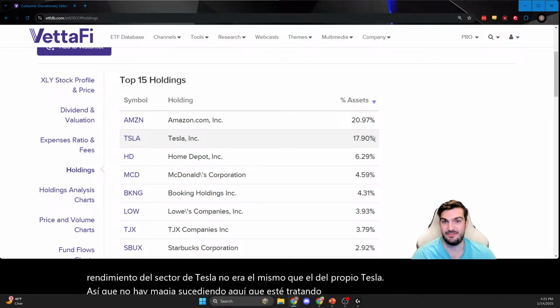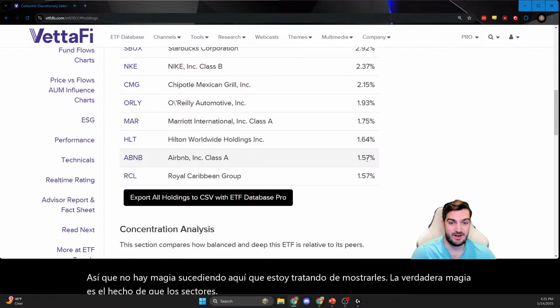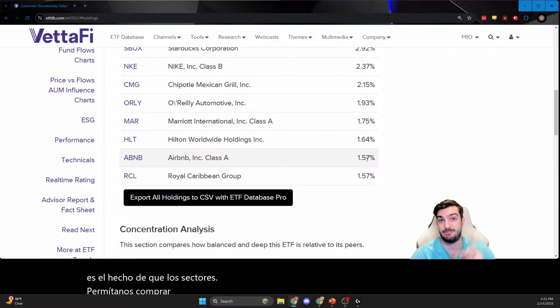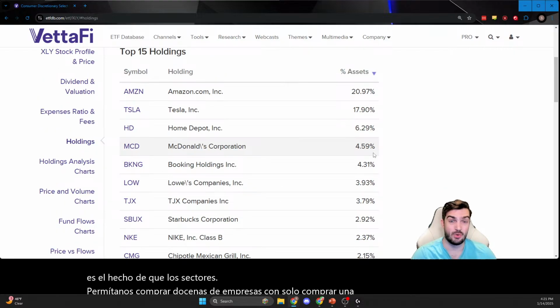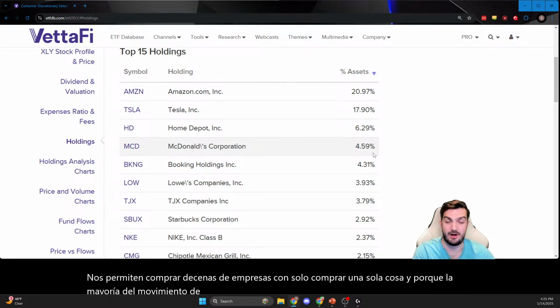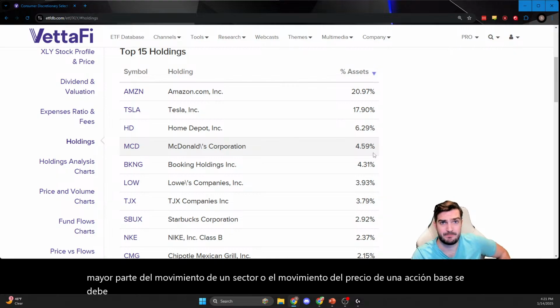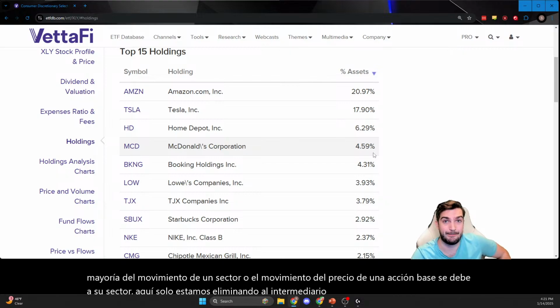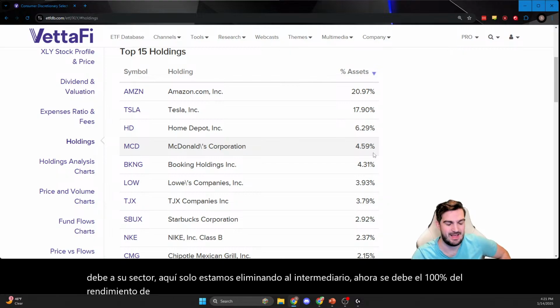The real magic is the fact that sectors allow us to buy dozens of companies by just buying one single thing. And because the majority of the movement of a stock's price is due to its sector, here we're just cutting out the middleman. Now, 100% of the performance of our sector is due to our sector. And that's the goal.